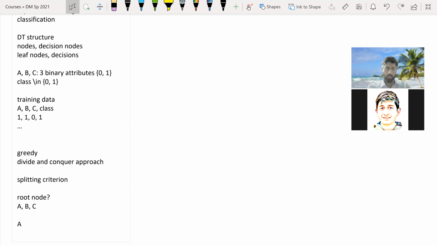So there will be two edges going down from A. One, let's say the left side is 0, the right side is 1. So all the data that goes on the left edge would have the value of A equal to 0, and the right side would have A equal to 1. So we have split the data using the value of the attribute A.